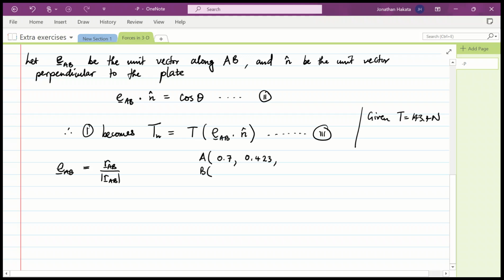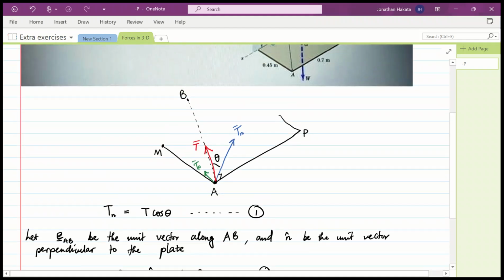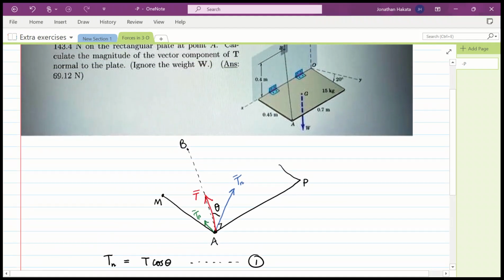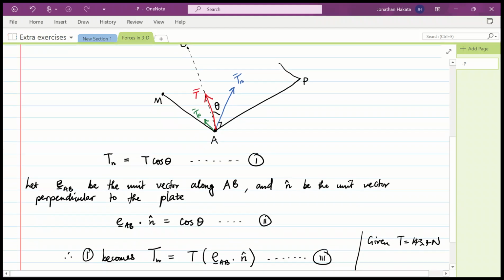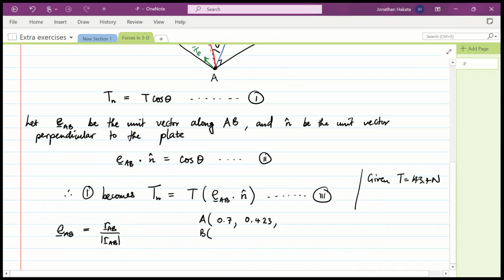Both x and y are positive, but we are going in the negative z sense, and therefore the z coordinate will be negative 0.45 sine 20, which will give you minus 0.154. And these are in meters.